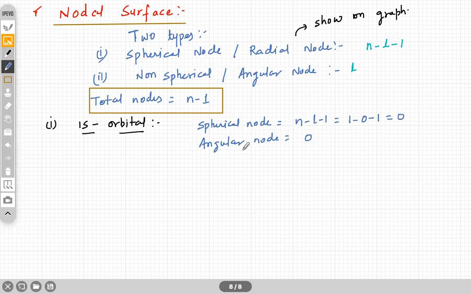Right. Now, based on this, if you draw the graph, I am taking the help of an experimental relation because we do not know the relation of psi and r.